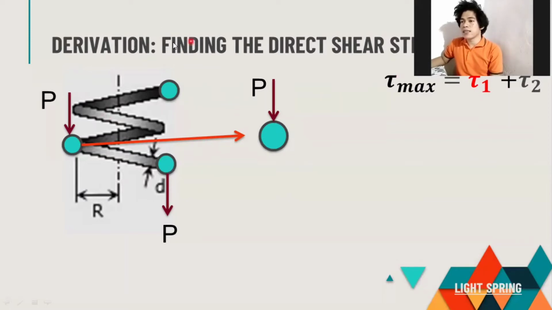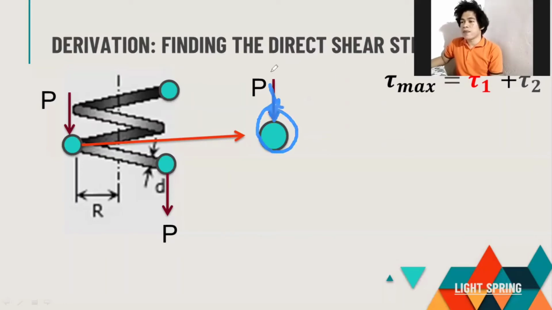Tama po, magkakaroon siya ng stress. May stress to class kasi ang stress natin is force over area. Mangyayari, may stress to ngayon itong area na to kasi may force na in-apply sa kanya. And that stress class, itong stress na naranasan niya, is what we call direct shear stress.